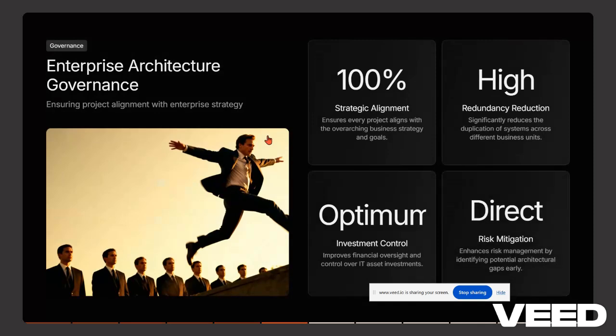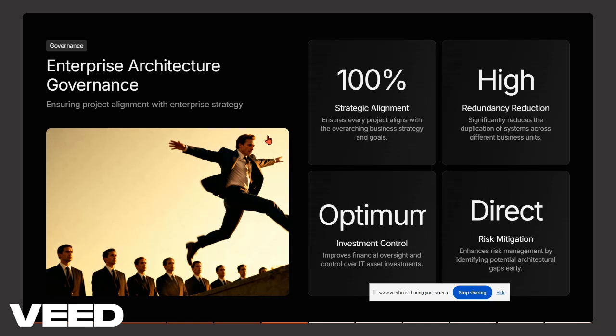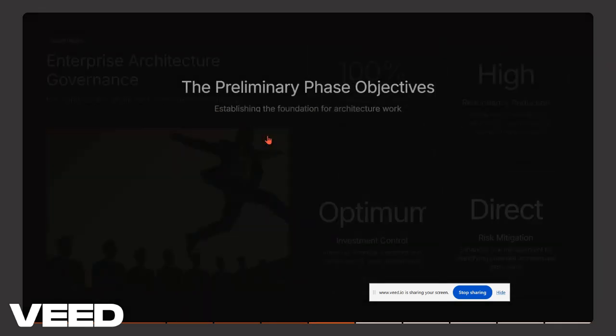Enterprise architecture governance ensures that project alignment with enterprise strategies gives 100% strategic alignment, reduced redundancy, and optimized direction of risk management.